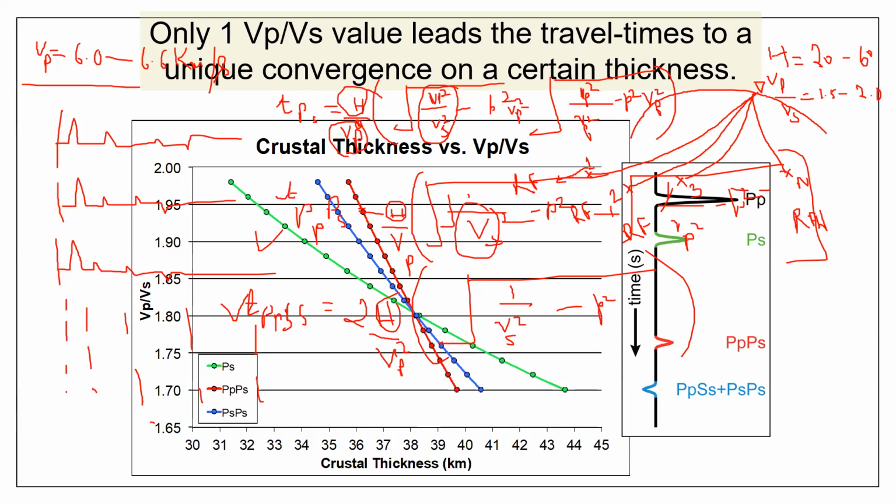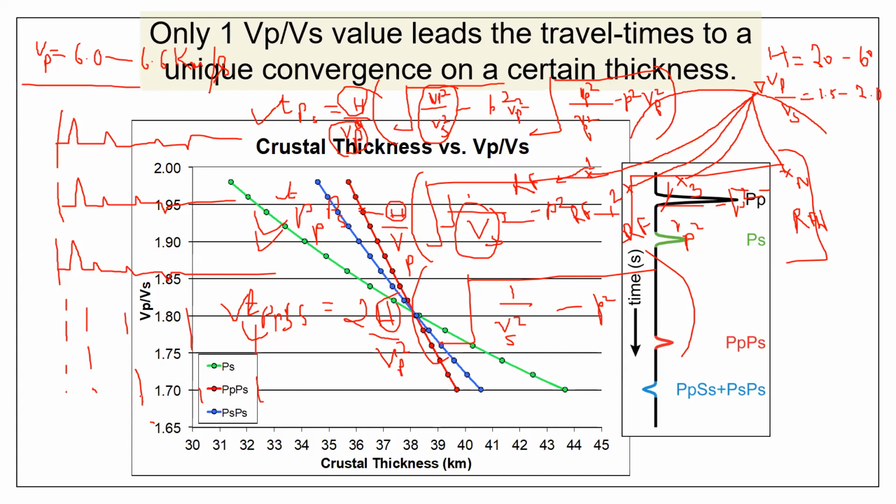So for each combination of H and Vp by Vs, you can calculate this T_PS, this T_PPPS, and this T_PPSS. Let's suppose you have calculated your T_PS, T_PPPS and T_PPSS values for the first combination.